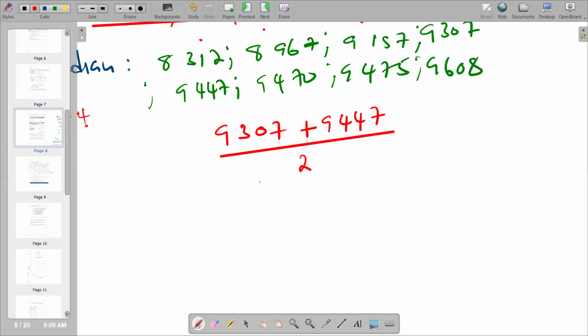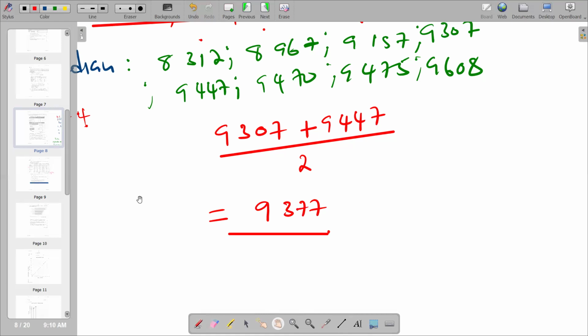So then you get your median. So let's just try to calculate that one. Then you get 9,377. So this becomes the median. So this is what we have.